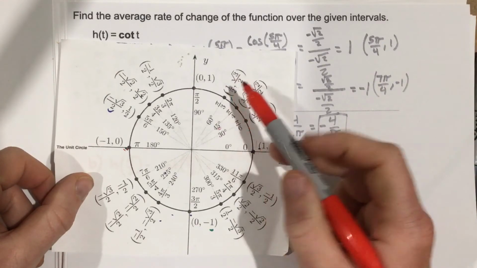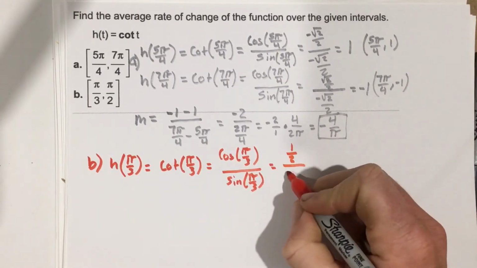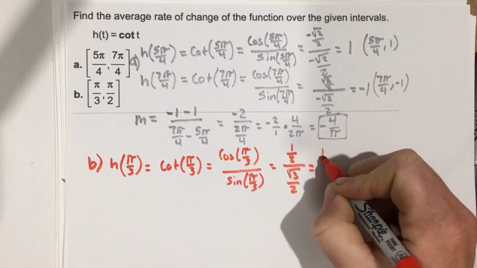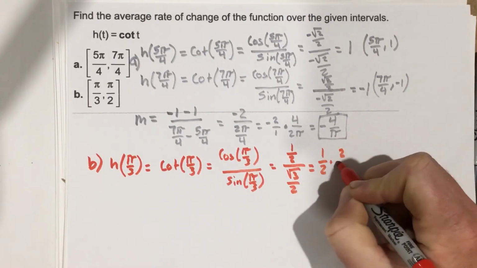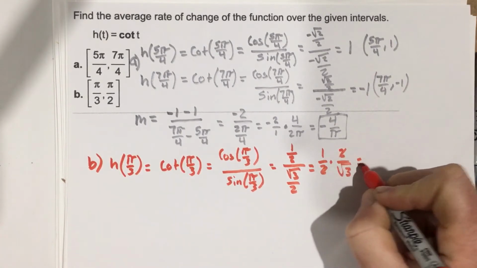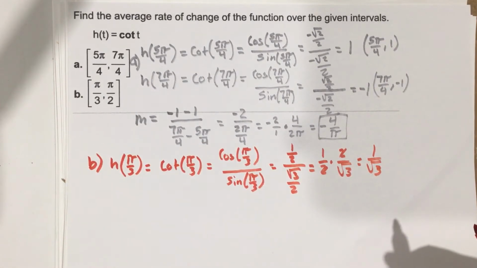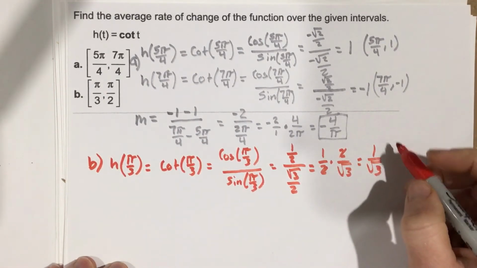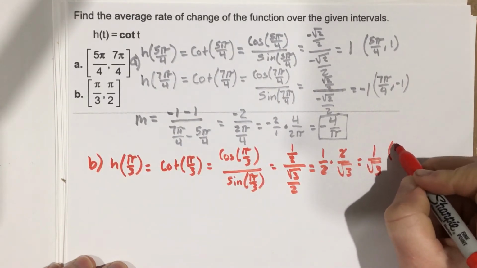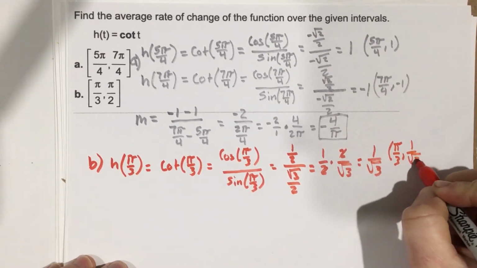This is cosine, this is sine. So we're going to have cosine as 1/2 over root 3 over 2. When we flip and multiply, we get 1/2 times 2 over root 3. The 2's cancel, and I'm left with 1 over root 3. So the coordinate there will be pi over 3, comma 1 over root 3.